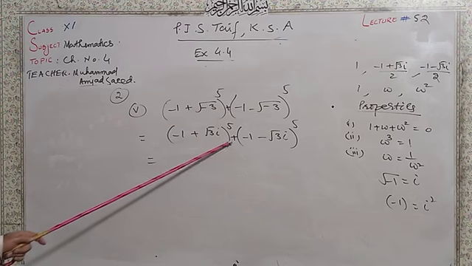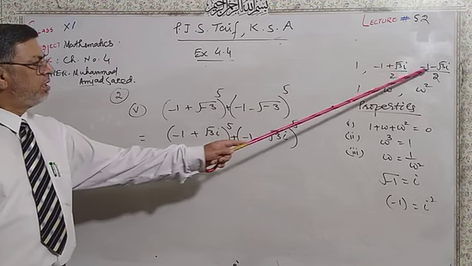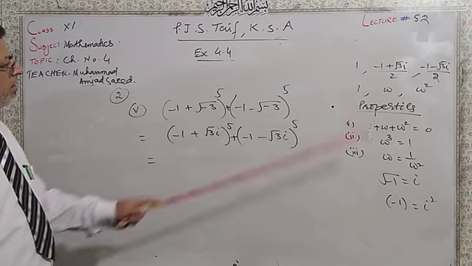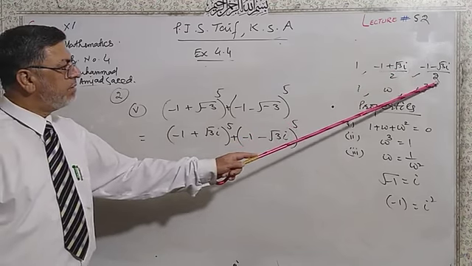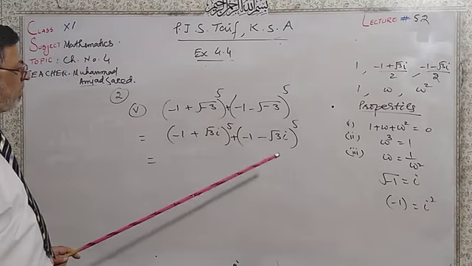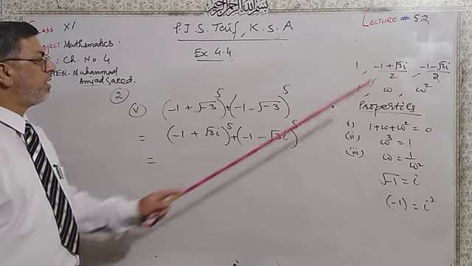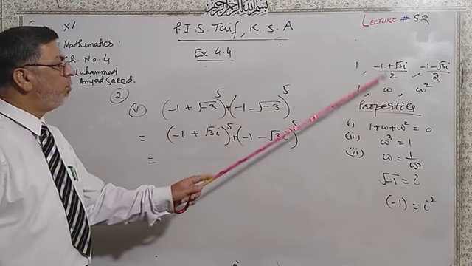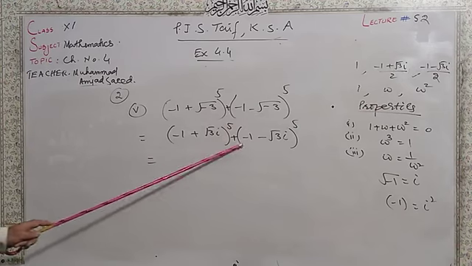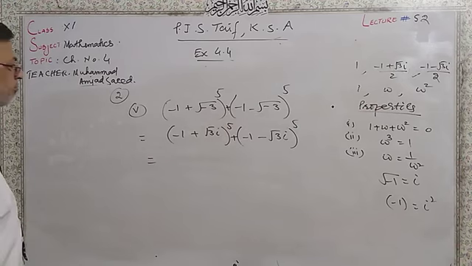If you check these cube roots of unity, 2 in the denominator, 2 is missing. We want to introduce this 2 here so that we can apply omega and omega square in this expression.